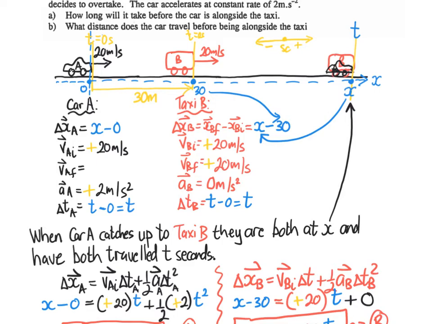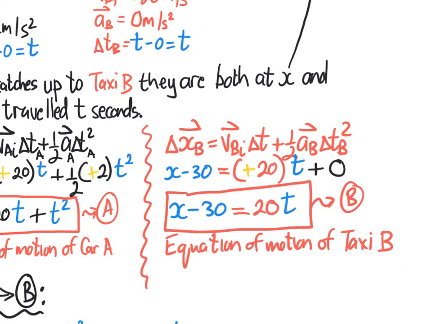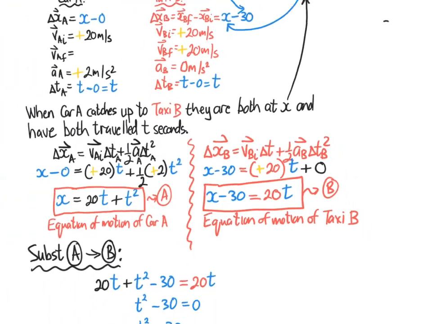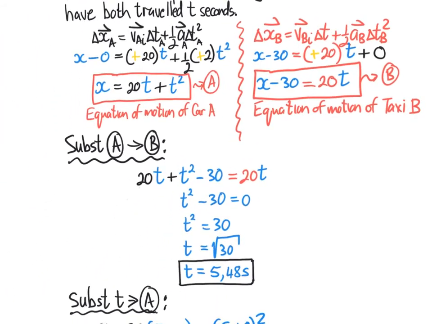This is one of the key things in this problem that you need to take into account: the change in position of these two vehicles is not the same. So x minus 30 equals 20t, and because the taxi is not accelerating, this term is 0. So this gives us x minus 30 equals 20t.